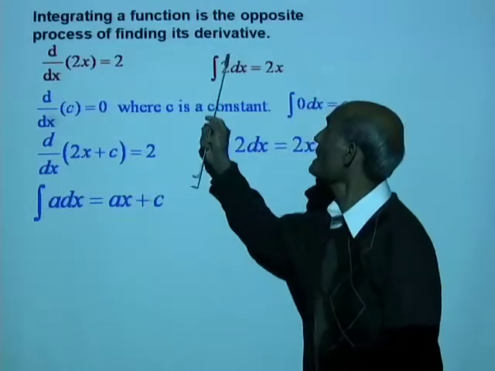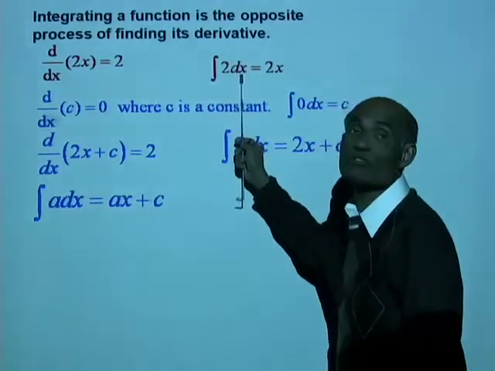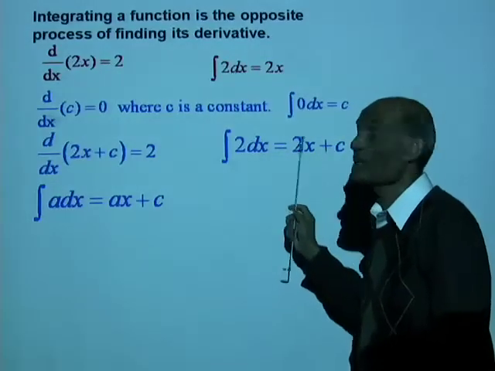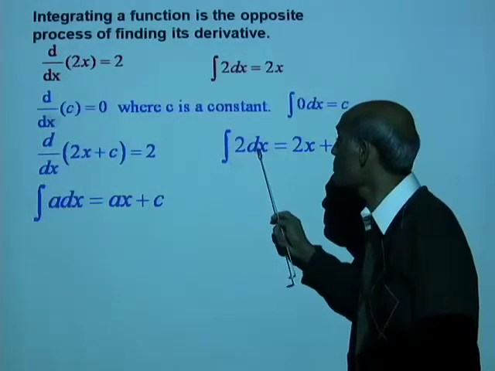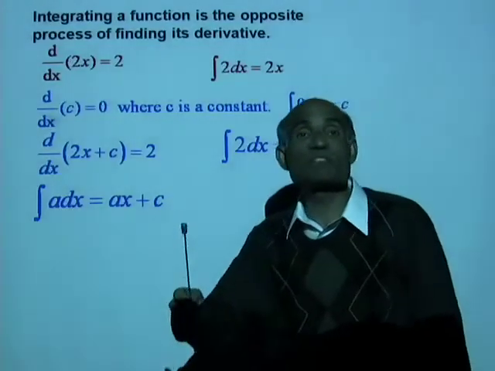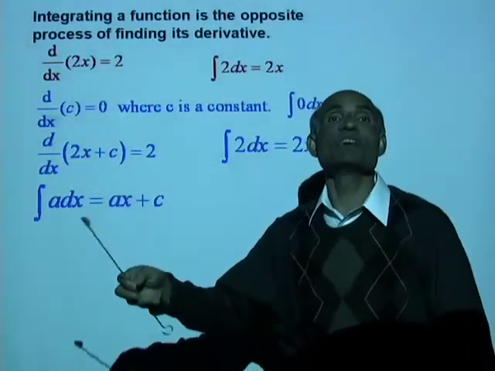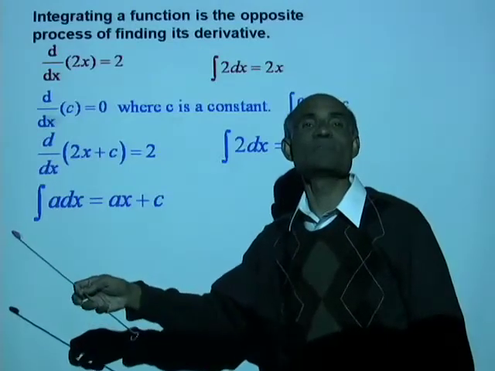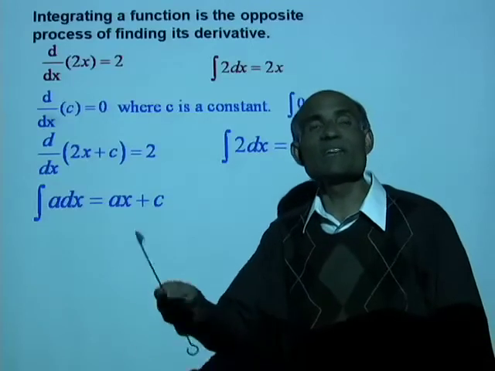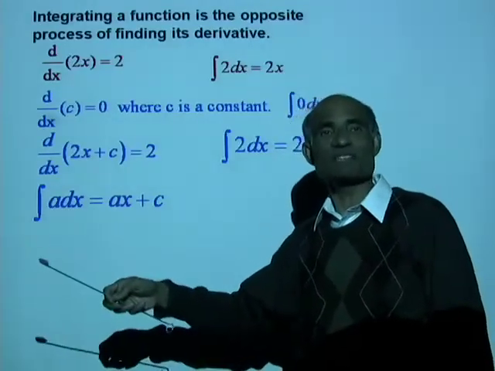Look at that. The integral of 2 dx is 2x. And of course you've got to add a c. The integral of 2 dx is 2x plus c. Similarly, the integral of 5 dx is 5x plus c. The integral of 3 dt is 3t plus c.